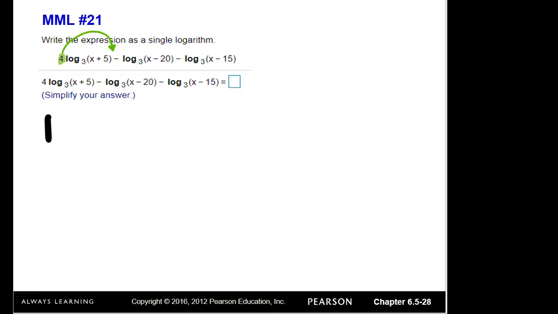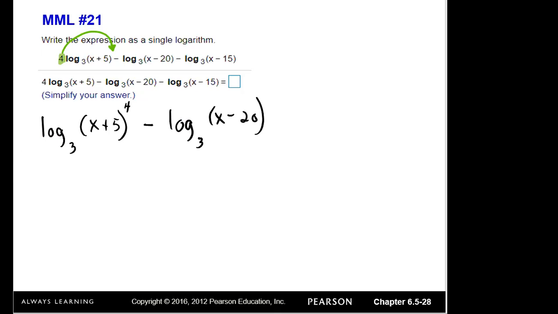So this is going to be log base 3 of x plus 5 raised to the 4th, minus log base 3 of x minus 20, minus log base 3 of x minus 15.